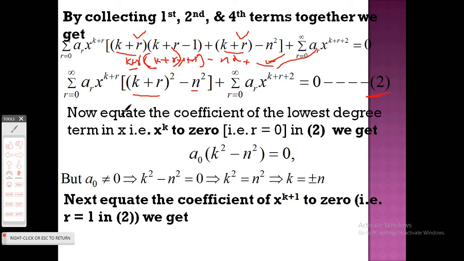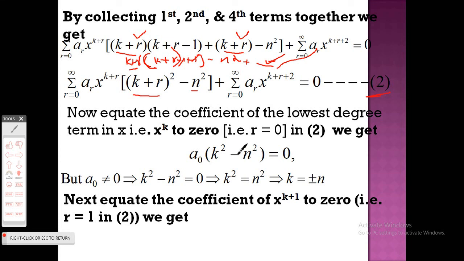Now we have to equate the coefficient of lowest degree terms in x. Lowest degree terms in x, that is x to the power k plus r is the lowest degree. Next x to the power k plus r plus 2 is the next degree. That is, we have to take the lowest term as x to the power k, to 0.